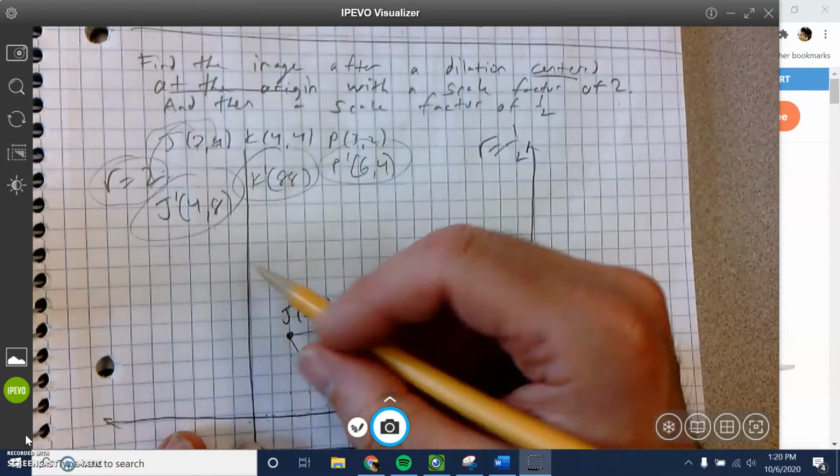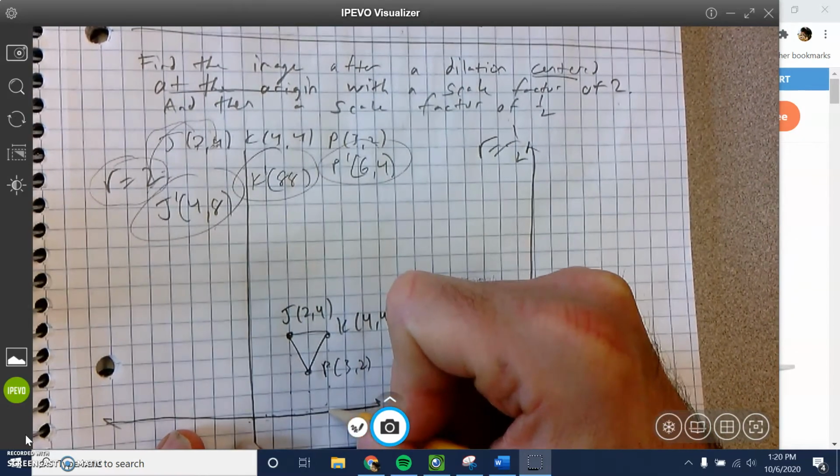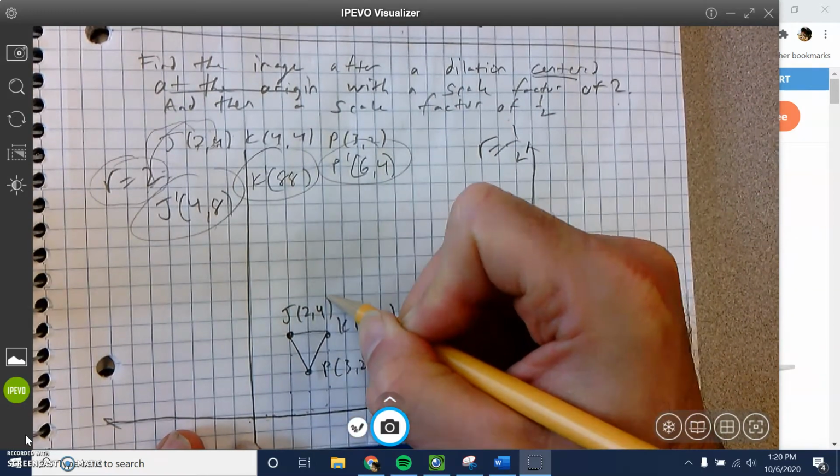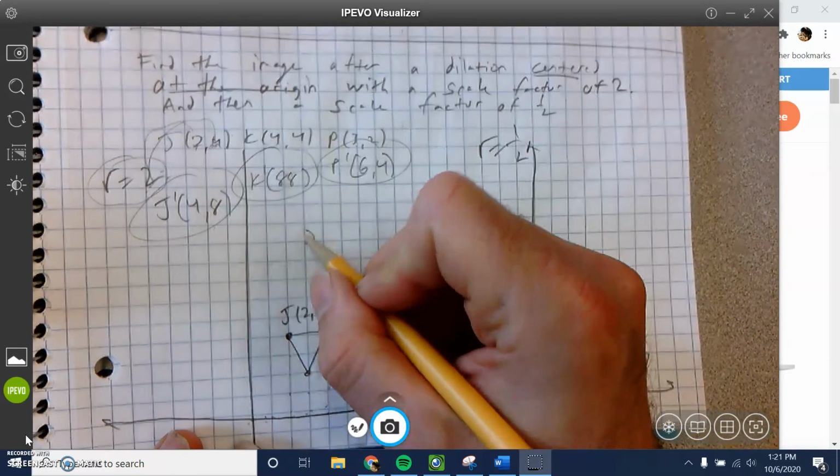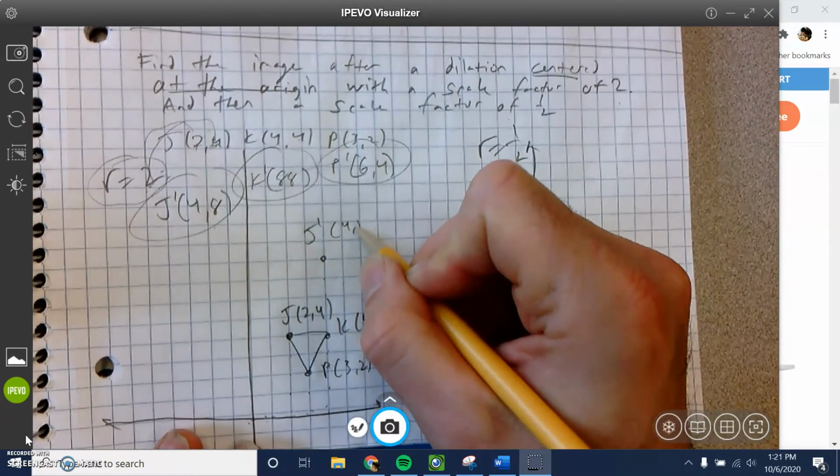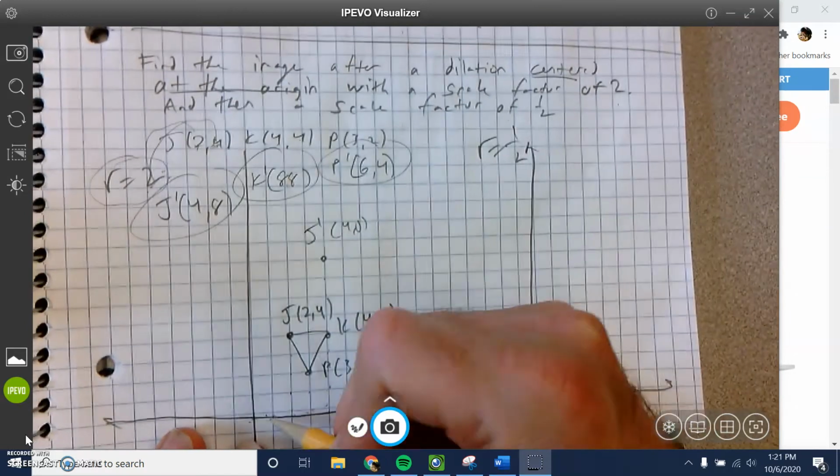So let's graph it. Here's J prime, 4, 8. K prime is 8, 8.